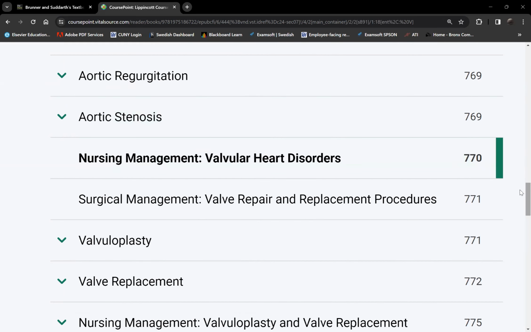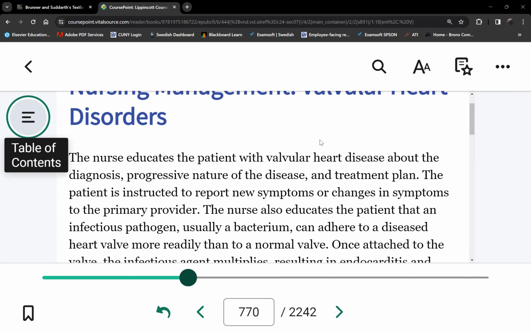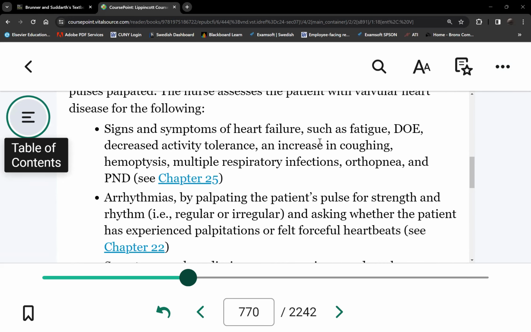All right, let's proceed with management. So how do we help these patients? So keep in mind, these patients are in heart failure, right? Look at the manifestations, all consistent with heart failure, correct? So therefore, do we treat them with the same therapy we discussed in the heart failure chapter?